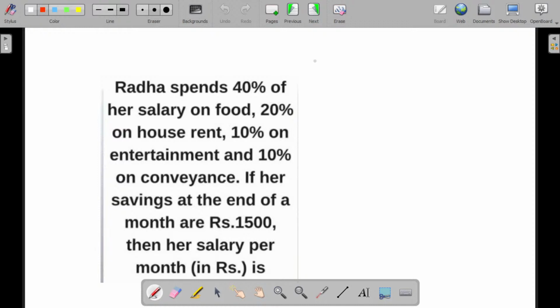Radha spends 40% of her salary on food, 20% on house rent, 10% on entertainment, and 10% on conveyance. If her saving at the end of the month is 1500, which means 1500 is left, that is saving, then what is her total salary for the month?